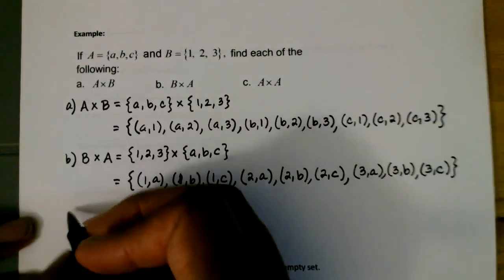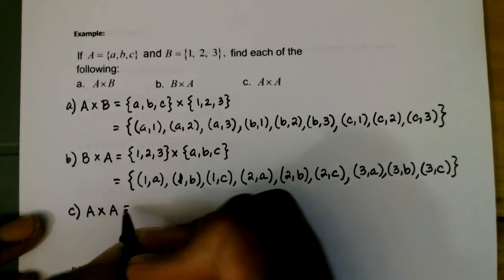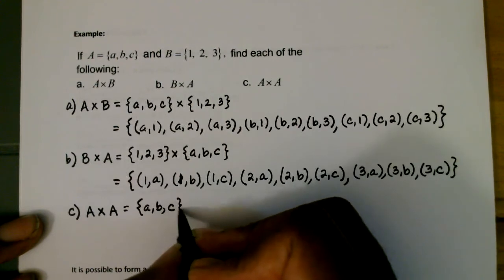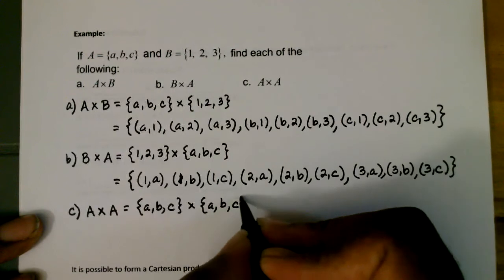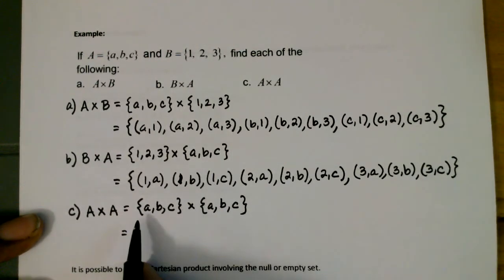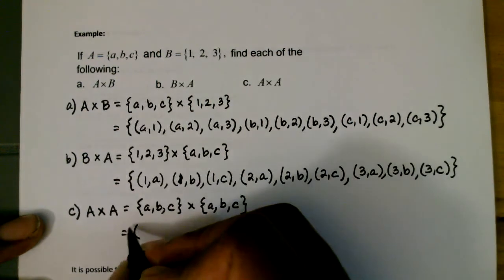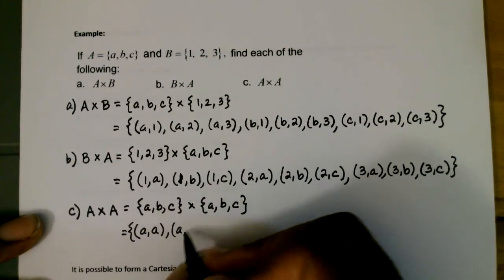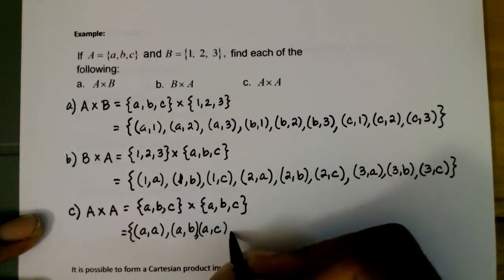And part C, A cross A. Well, of course, it has the elements a, b, c. Now copy the elements in A over. So in this case here, a is paired with every element in the second. So a is paired with a, a is paired with b, and a is paired with c.